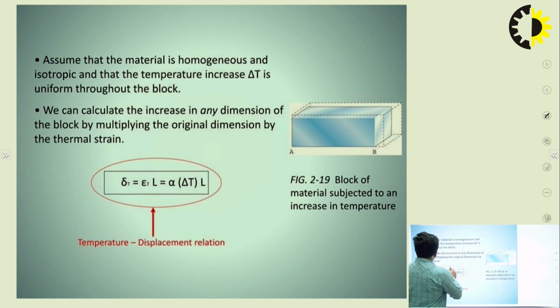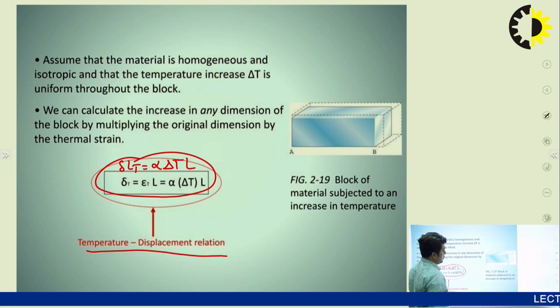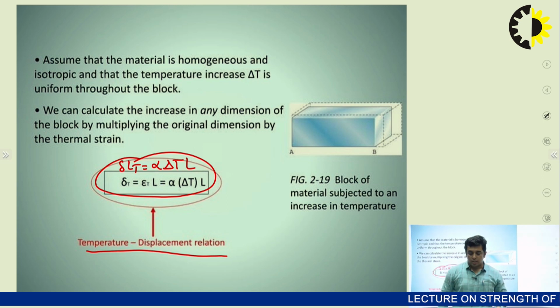See, we have already seen this relation, delta LT is equal to alpha delta T L. This is a temperature displacement relation.